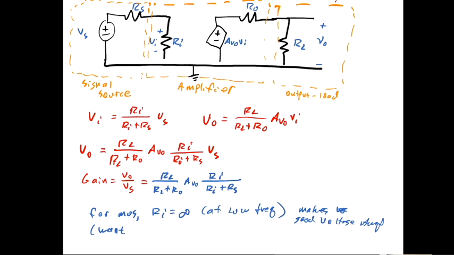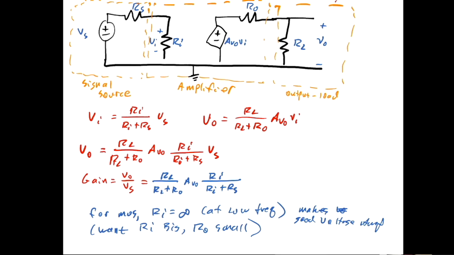We want Ri to be high, call it big, and our out small for a good voltage amplifier. That's the kind of system that we would like to have.